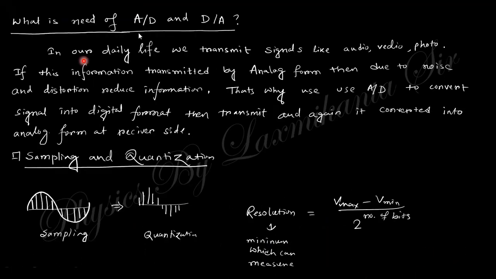So analog to digital and digital to analog transformation is very important. You can see why it is needed. If you want to transmit an analog signal from one point to another, a large distance away, then a huge amount of distortion and noise accumulates with the signal.